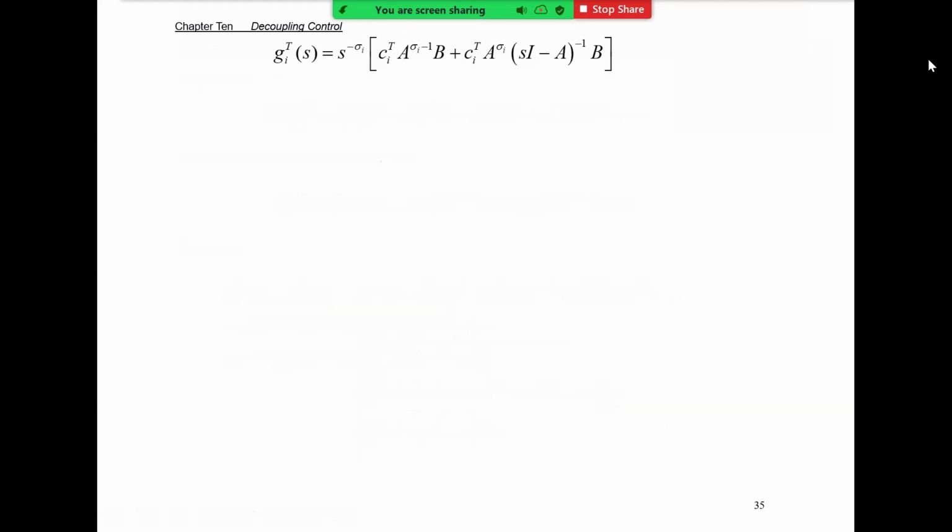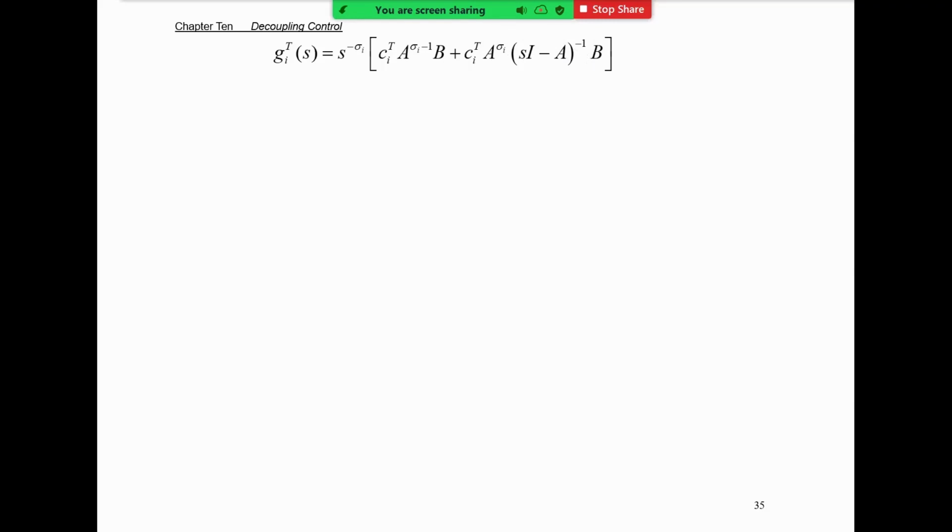The first term is the leading coefficient of that polynomial. Then the rest corresponds to the infinite number of terms, but I put them back using the original expression of the inverse of SI minus A. That corresponds to the infinite number of terms of that polynomial.